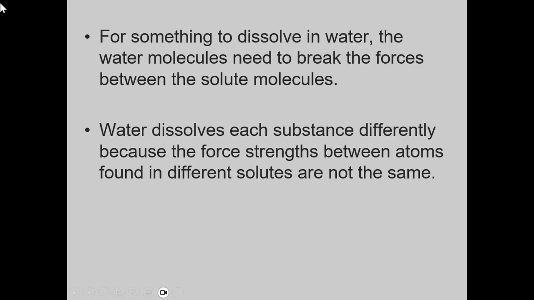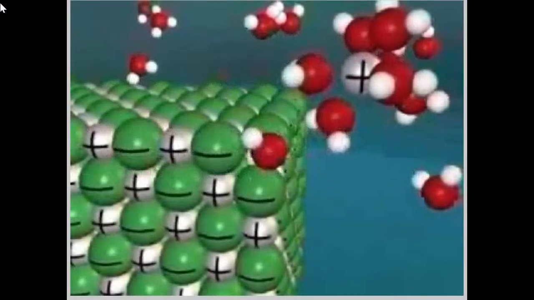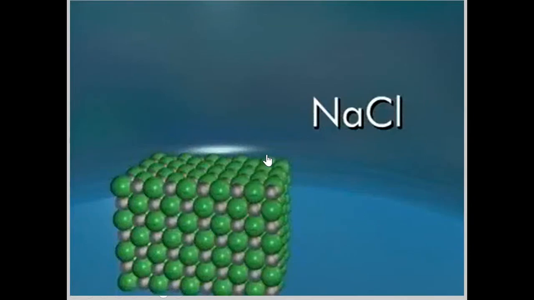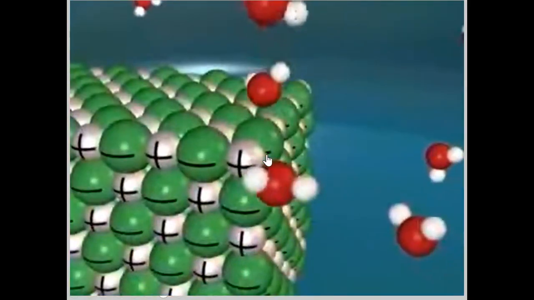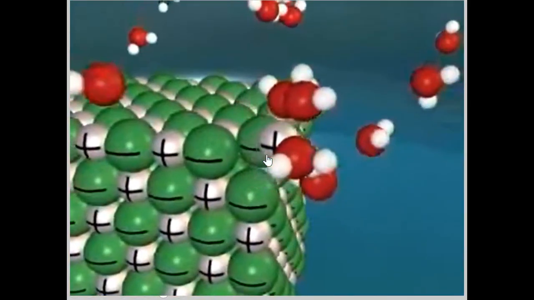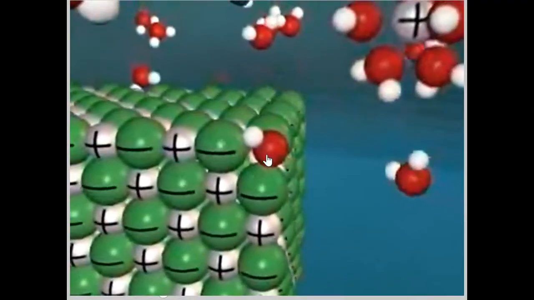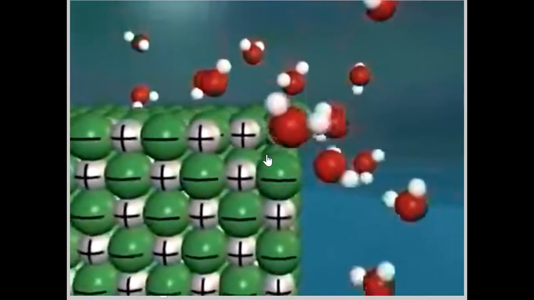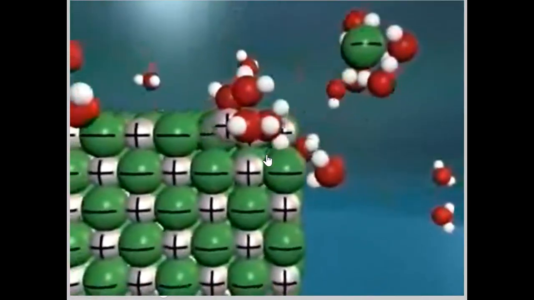So here's a video showing how water would dissolve salt. So what we have here is sodium chloride, and the greens are the chlorines and the silvers are the sodium. You'll notice the negative side of the water molecules grabs the positive pieces, and the positive sides of the water molecules grab the negative pieces.